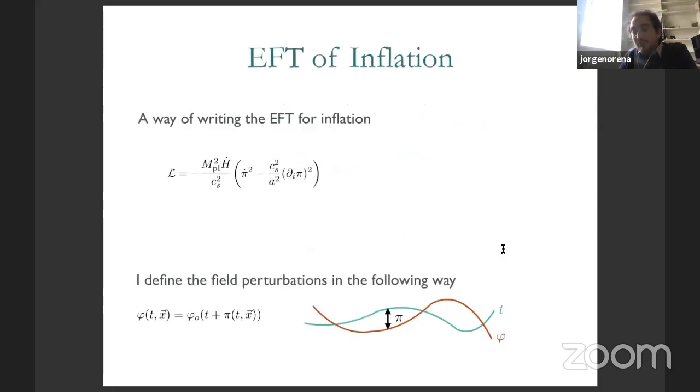But even if we restrict ourselves to single field inflation, meaning that in the squeeze limit there is basically nothing, there is still information in other configurations of the three-point function.